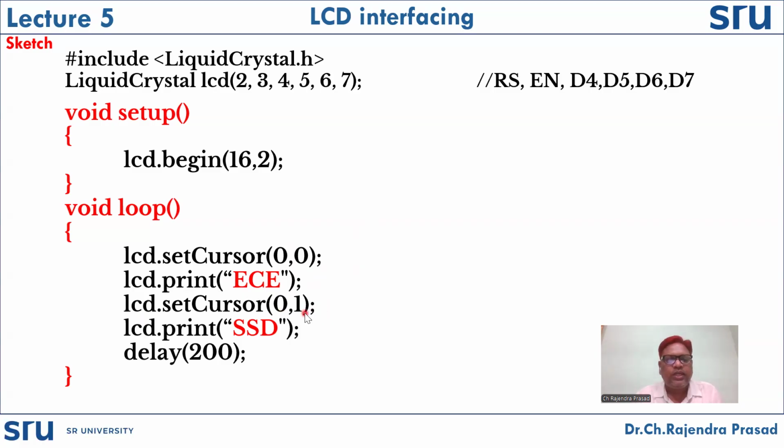So the 0th position and second line is selected. After that, I sent the second message, that is SSD, and after that I gave some delay in order to let the LCD settle down. And this is the sketch for our application.